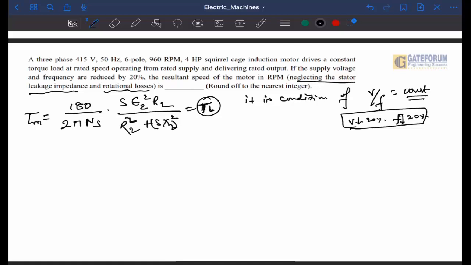See, torque is proportional to 1 by ns, and slip is ns minus n divided by ns, correct?